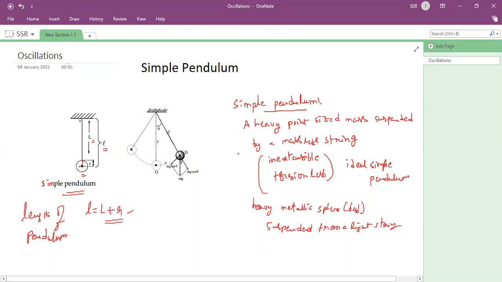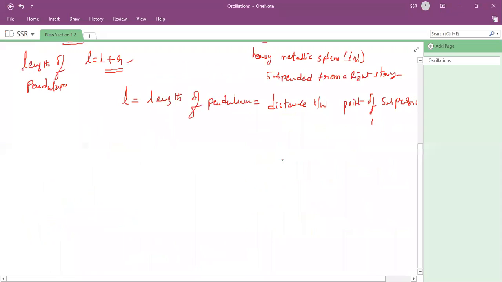Yes. The distance between the point of suspension and the center of the bob is called the length of the pendulum. Small l. How do we define the length of the pendulum? It is the distance between the point of suspension and the CG of the bob, the center of gravity or center of mass of the bob.